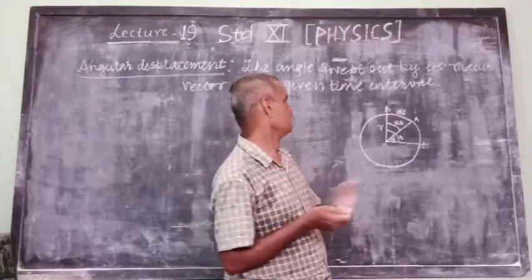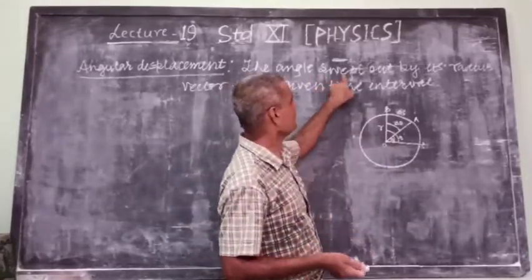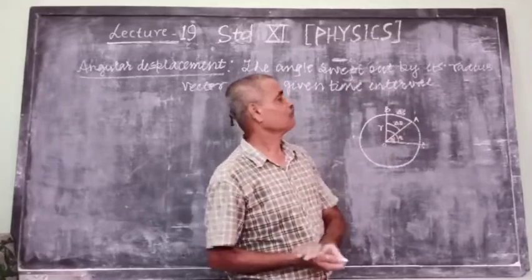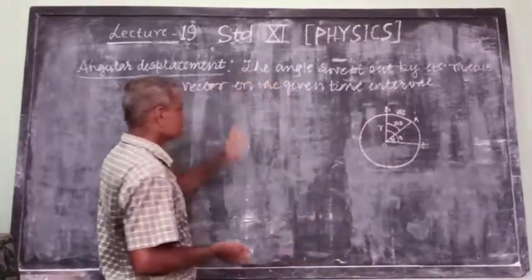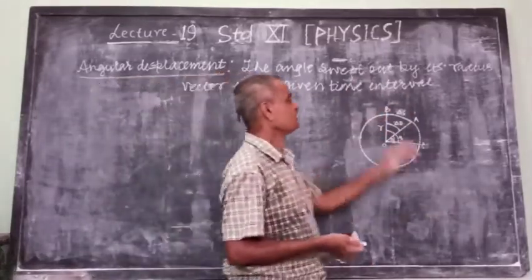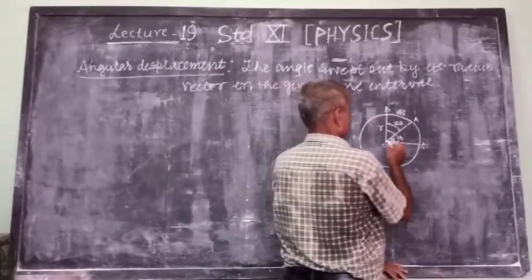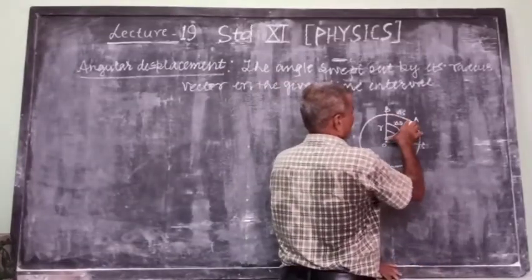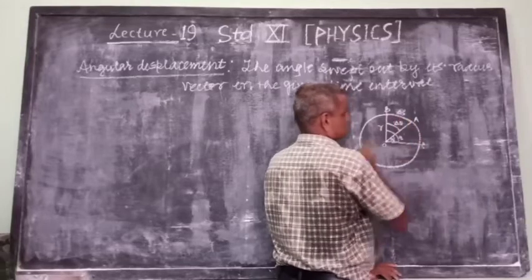Angular displacement is the angle swept out by the radius vector in the given time interval. These all act as radius.